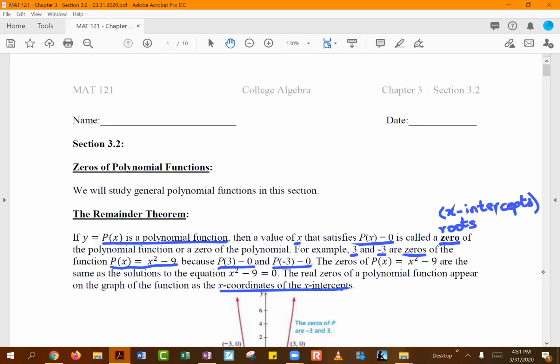As an example, if you look at this polynomial here, p of x equals x squared minus 9, then if you take the numbers positive 3 and negative 3 and replace your x with positive 3 or negative 3, you are going to get 0 as your answer, which tells you that 3 and negative 3 are zeros of this polynomial function.